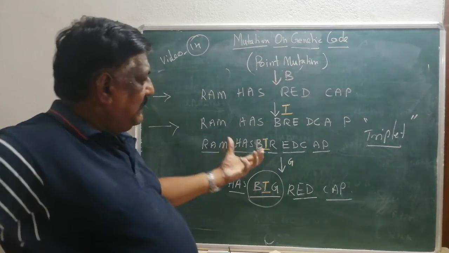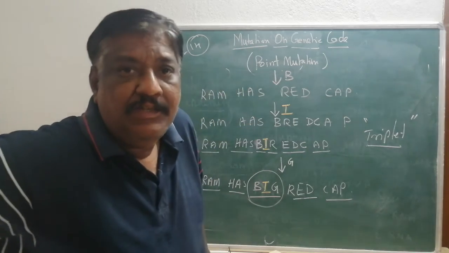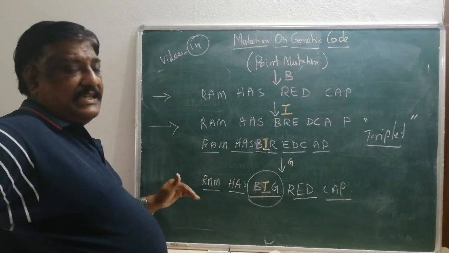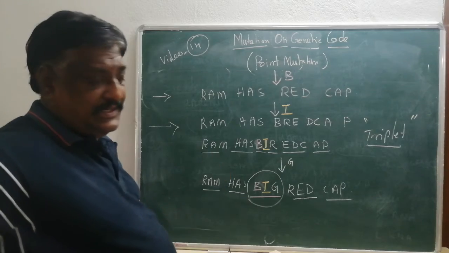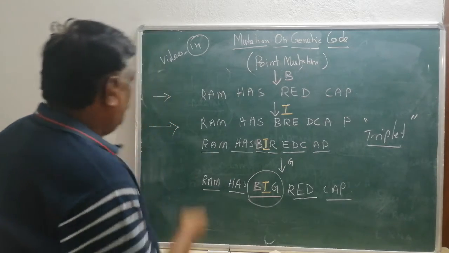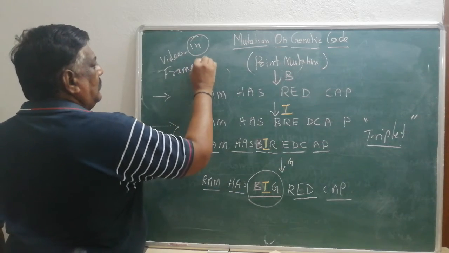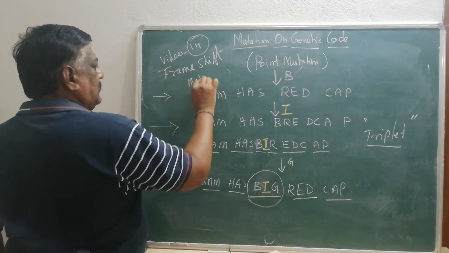This mutation takes place only in one triplet code. That is why it is called point mutation. Here, sometimes it is an addition, sometimes it is a deletion. It may be an addition or deletion, and this method is called frame shift method.